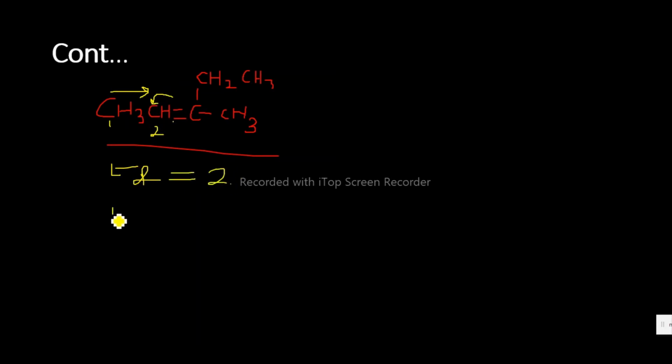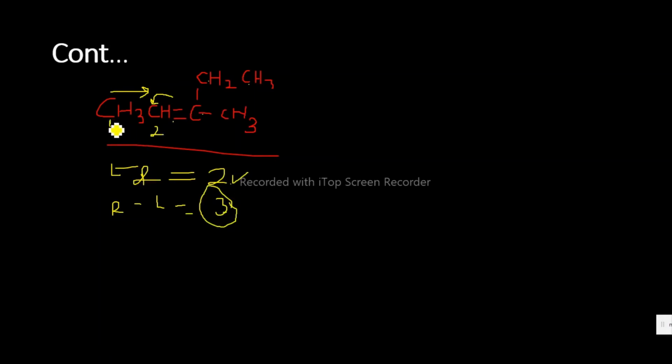But if we count from right to left, then the double bond is on carbon number 3. But we take the lowest locant, which is 2.